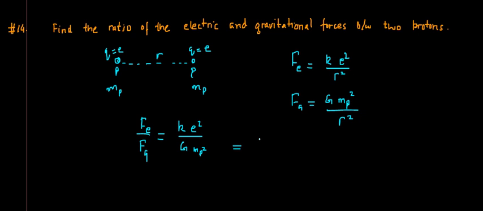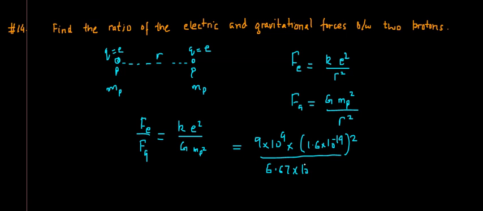So the k value is 9 into 10 to the power of 9. Charge on a proton is 1.6 into 10 to the power of minus 19 coulombs. Then you square it, divided by G. G is equal to 6.67 into 10 to the power of minus 11, the universal gravitational constant, times the mass of a proton, that's 1.67 into 10 to the power of minus 27 kilograms, whole squared.